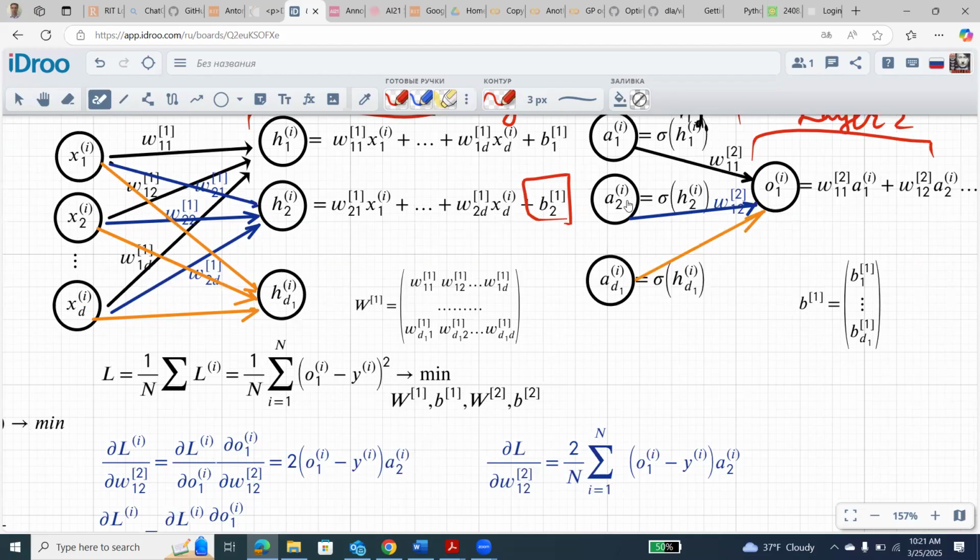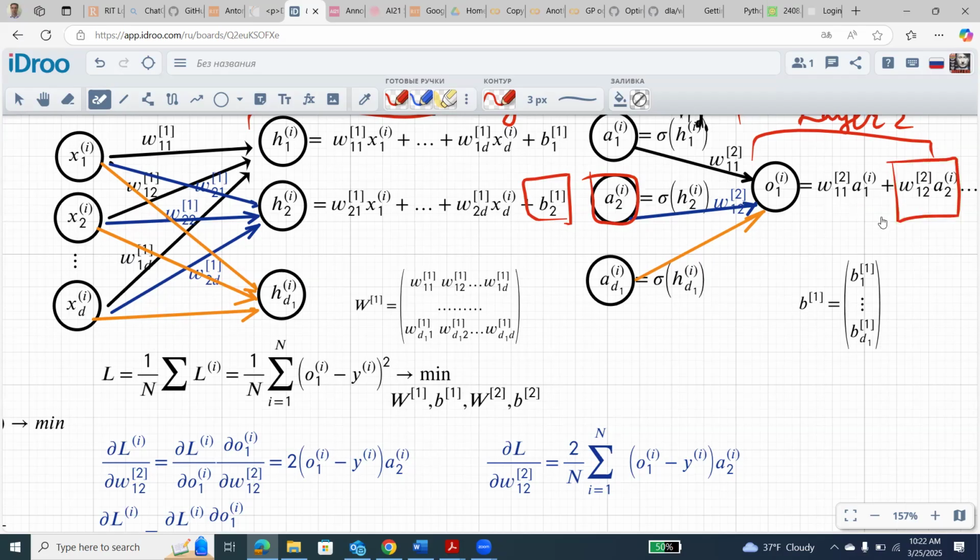Yes. So only this A2 will depend on B2. So let's take a look at this sum. Does this term depend on B2? No, because it depends on A1. So only this term will depend on B2.